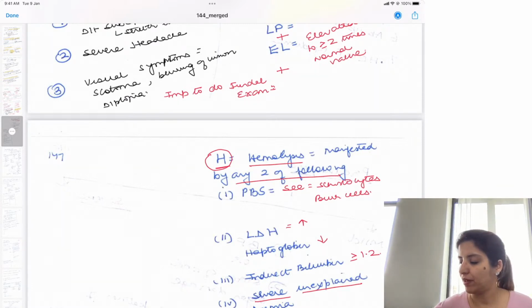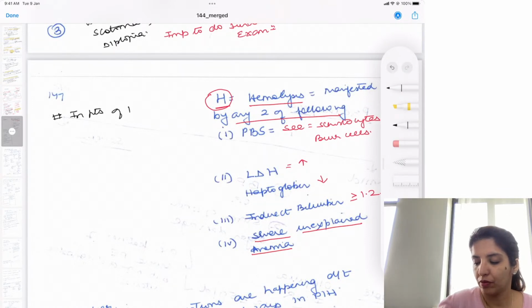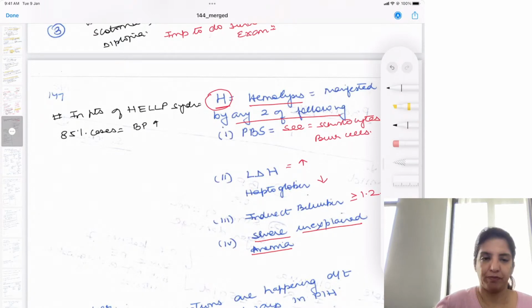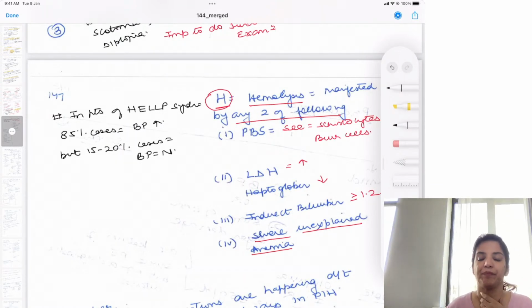Right? Now, 1 or 2 important things before I go ahead. In patients of HELP syndrome, in 85% cases, BP will be increased, right? But there will be 15 to 20% cases where BP will be normal. That is one very important point.